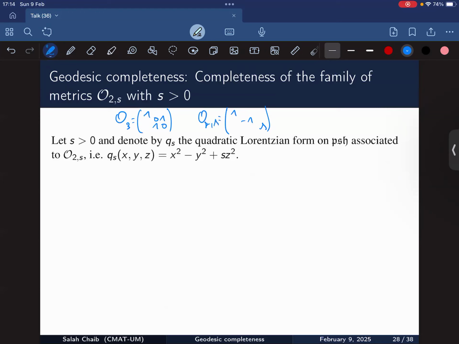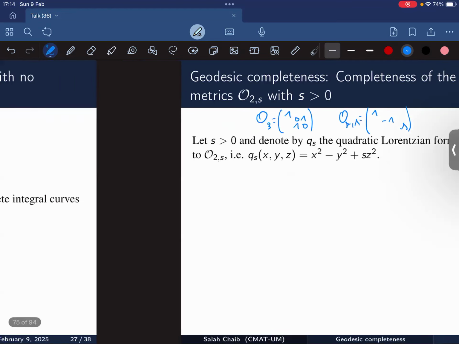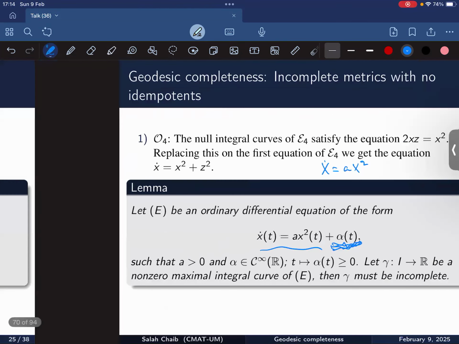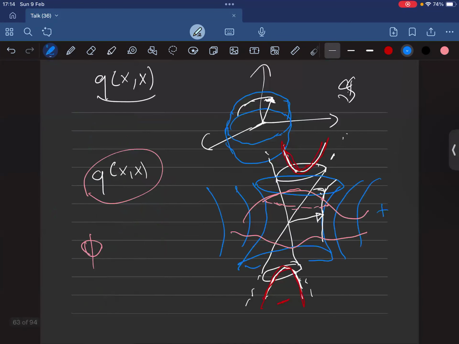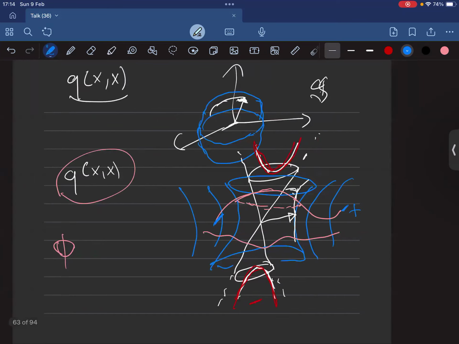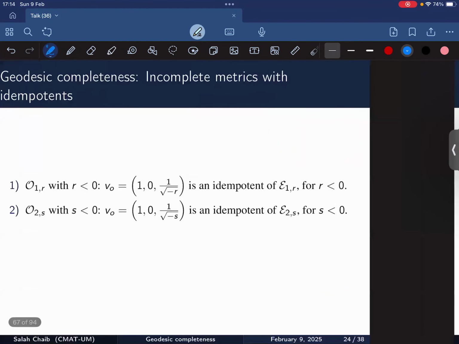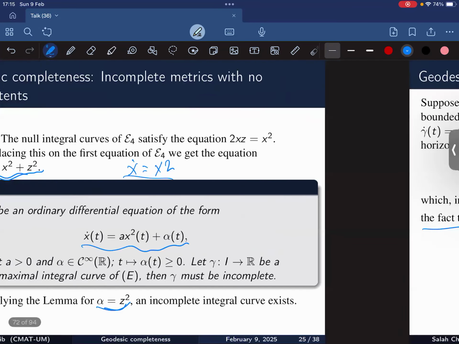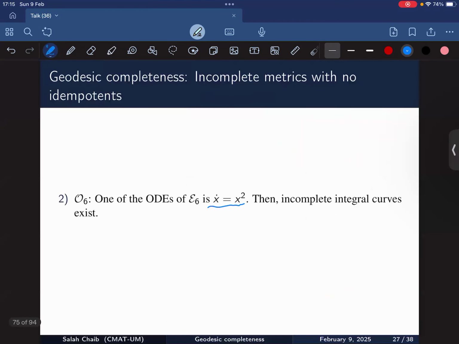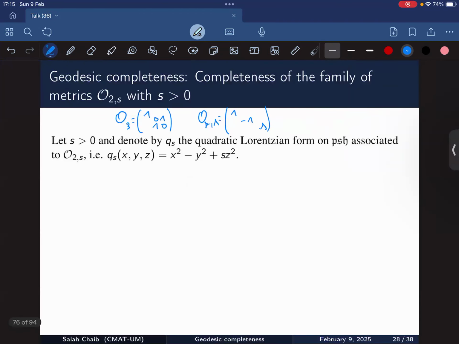For these metrics, we make use of these non-polynomial first integrals. As we said, we try to intersect the level sets of this first integral and the energy level sets, and we prove that this intersection is bounded, and this will imply that the geodesic vector field is complete for this metric. So first we start with the one parameter family O2S.